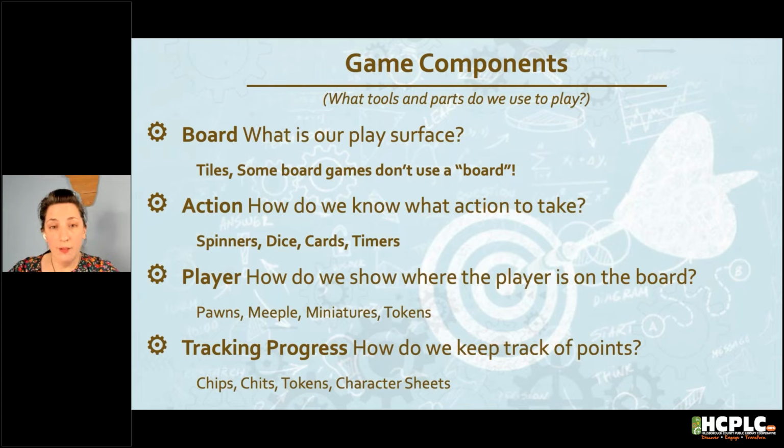Sometimes the board will have a scoring component right on the board where you can move your token up or down depending on how many points you have. Or maybe it's a role-playing game and you have a character sheet where as your character performs actions or wins or loses, you get plus or minus points. So decide how you're going to track your progress, how you're going to track your points. Those are our game components.